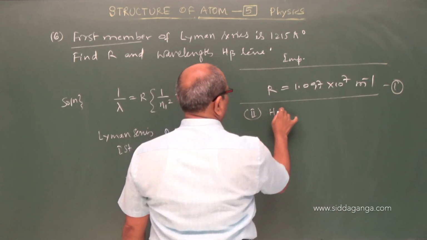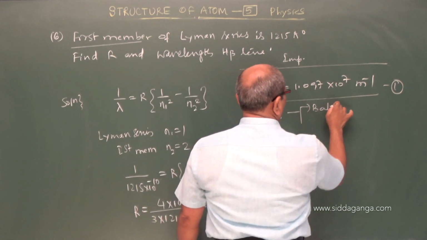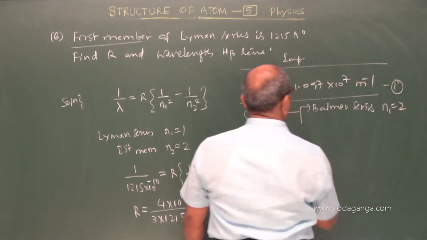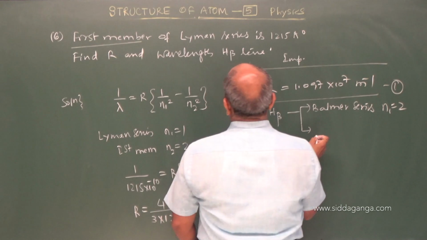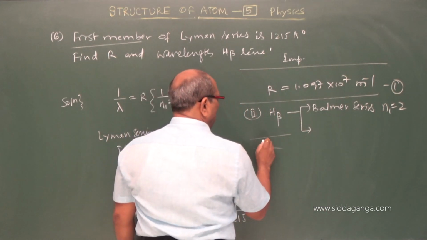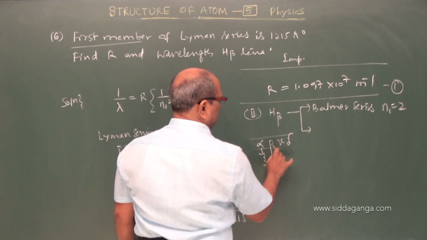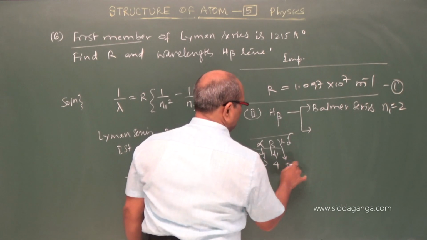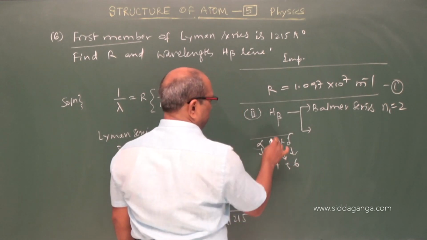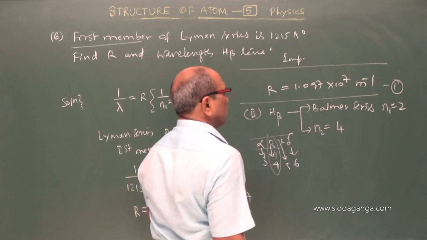Second, the H beta line. Beta comes in the Balmer series, for which N1 is 2. The lines are alpha, beta, gamma, delta, with N2 equal to 3, 4, 5, 6. Beta means N2 must be equal to 4.